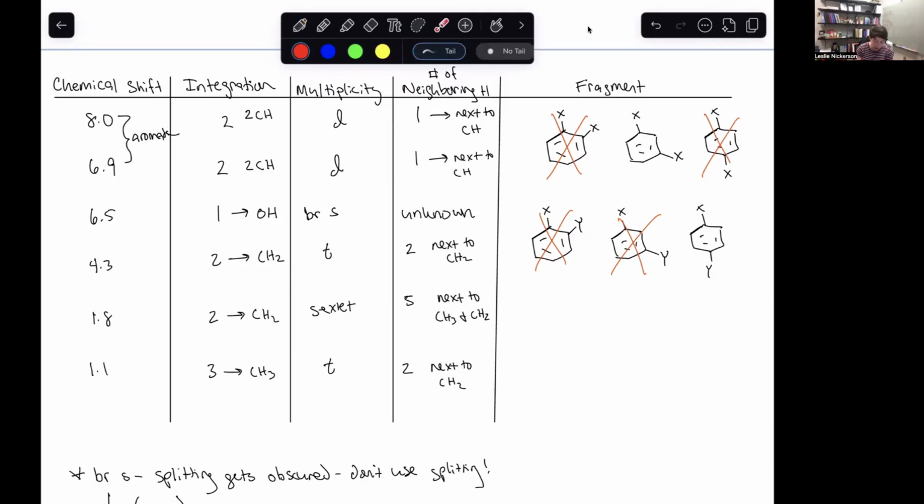Then if we take into account our integration and the multiplicity in terms of what's happening with the protons, right? If I'm looking at this plane of symmetry, I have 1H here, 1H there, 1H there, and it would be 1 to 2 to 1.